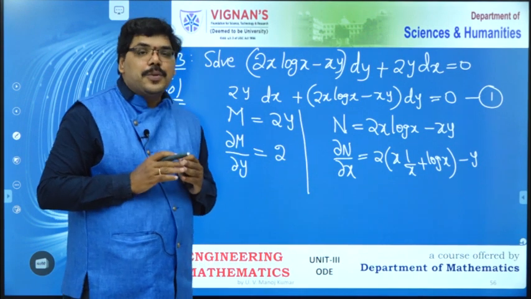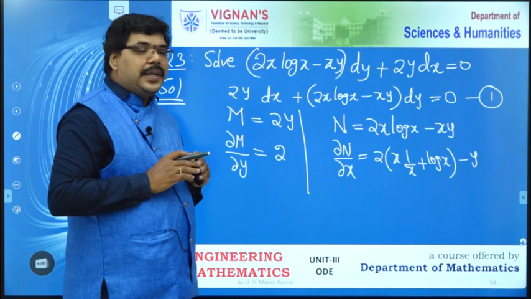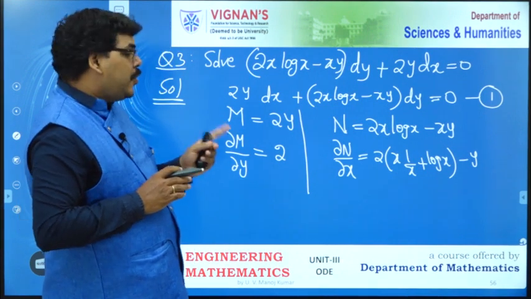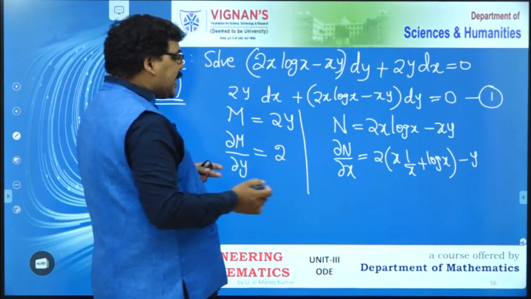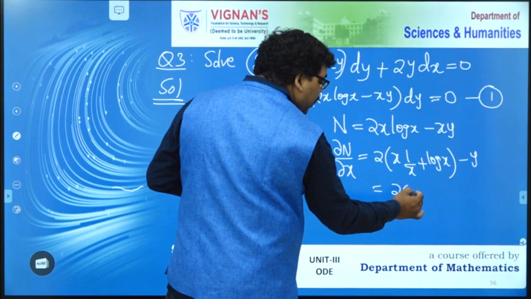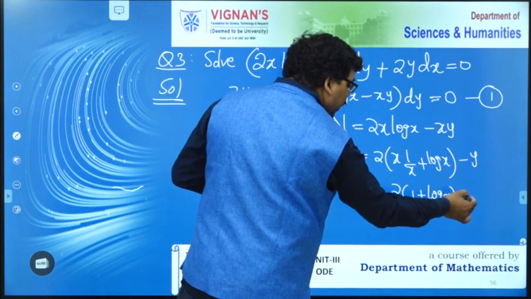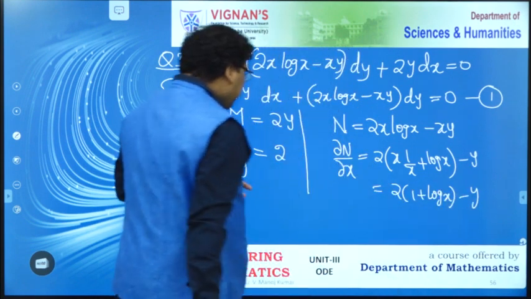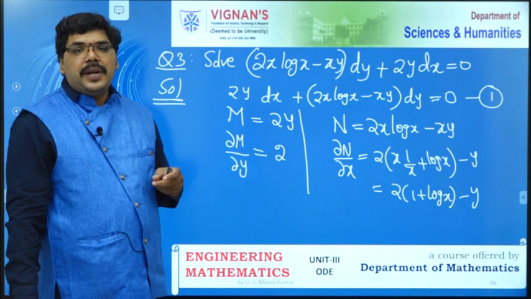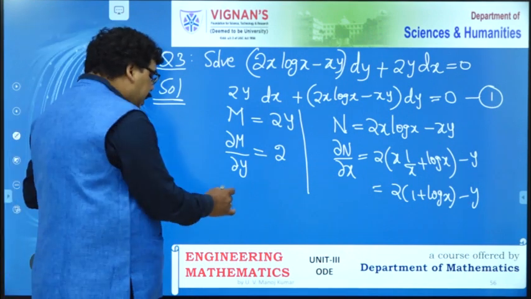When I am differentiating with respect to x, y is constant. Only thing to differentiate is x. Derivative of x with respect to x is 1, so minus y. So x cancels. So this is 2 into 1 plus log x minus y. Are they both the same? Definitely not. Therefore, given differential equation is non-exact.